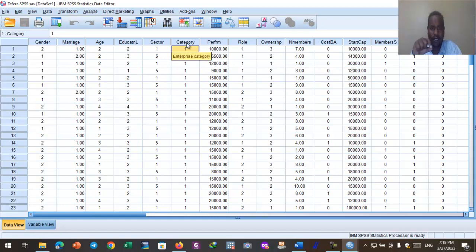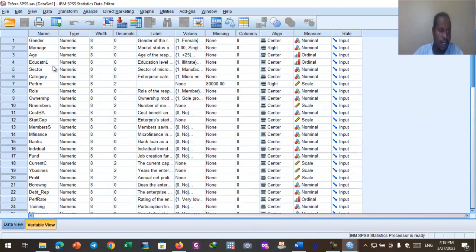As a requirement to run an independent sample t-test, as I have said, there should be two variables, and the dependent variable should be continuous, and the independent variable should be categorical. In our case, category of the enterprises is the independent variable, with two categories, the micro and the small enterprises. Let me show you here how we coded the data.